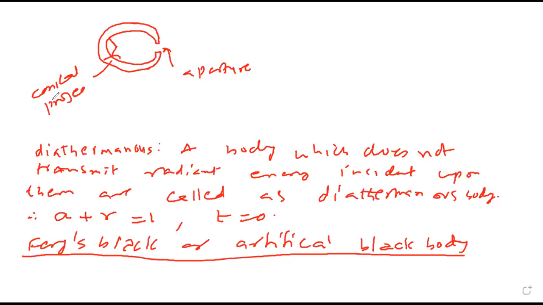The important thing here is why the conical projection. If the surface is black and light is incident normally, it will retrace the path in the same direction. But if it is kept inclined like this and light is incident parallel, it makes some angle with the normal, so it will get reflected back into the same medium. With this conical projection, we ensure that light does not get reflected along the same path.